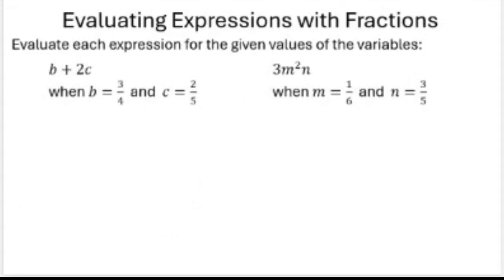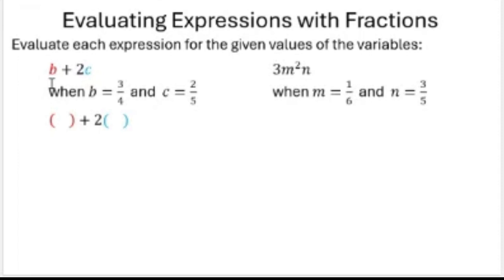Okay, last thing we're going to talk about here is we are going to bring in some letters, but it's really no different. We're just plugging in numbers for the letters. So we've been asked to evaluate b plus 2c when b is 3/4 and c is 2/5. Whenever you are asked to plug in numbers for letters, my recommendation is to put a bracket there.